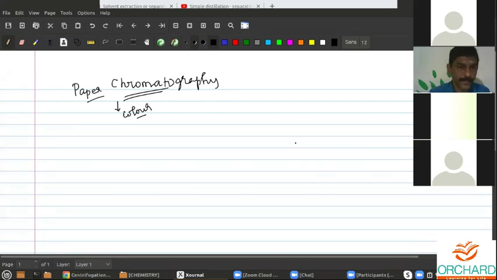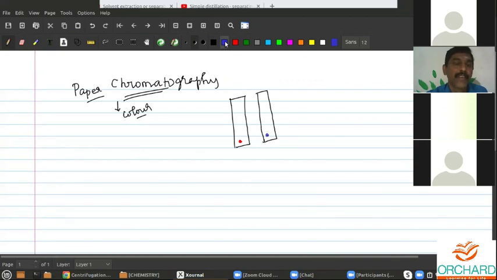Paper chromatography. That is, we will be having a tissue paper, and I am going to put some ink, different colored ink, and different varieties of companies. Okay, so I have two different companies. I'm having a tissue paper. I'm going to put a dot in the tissue paper, and what happens to this color, that we will discuss in the next class.